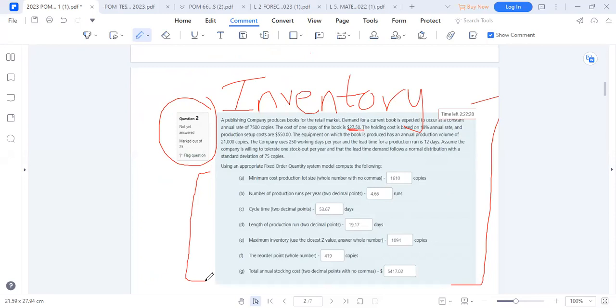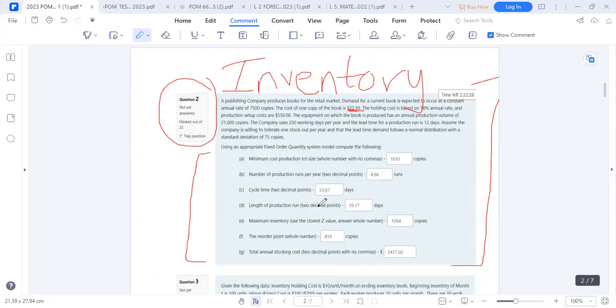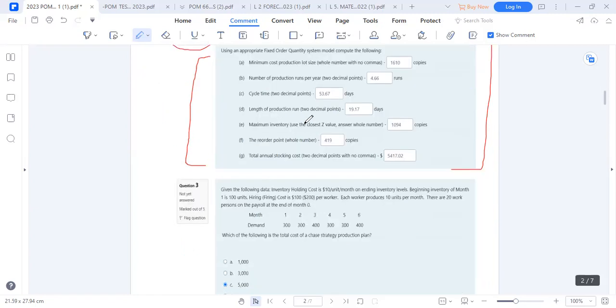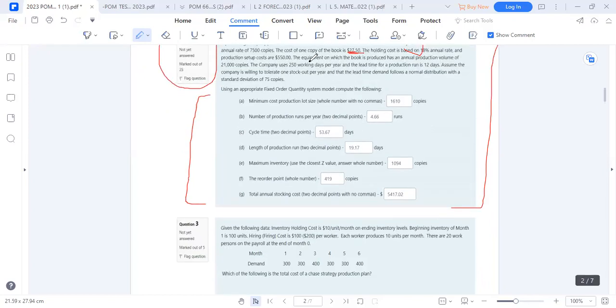The most important thing to note is you really need to understand the composition of what this question is all about. Okay. So please take note of what we are doing now.